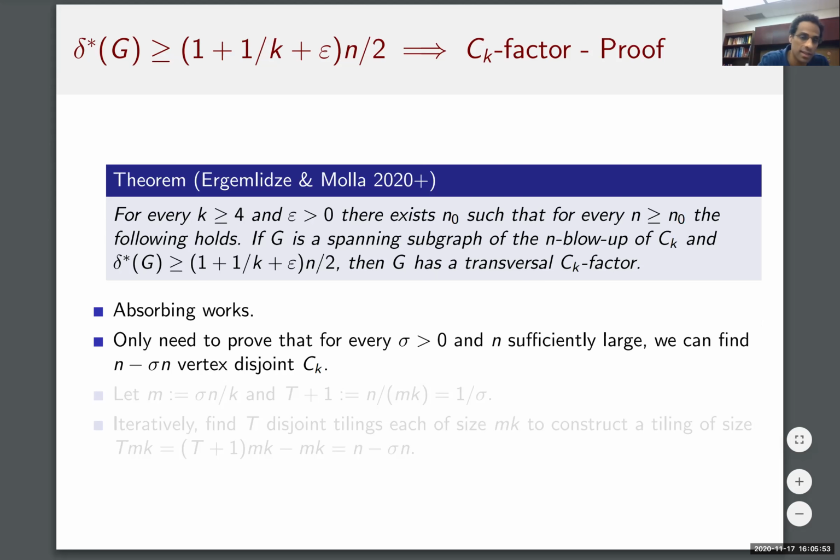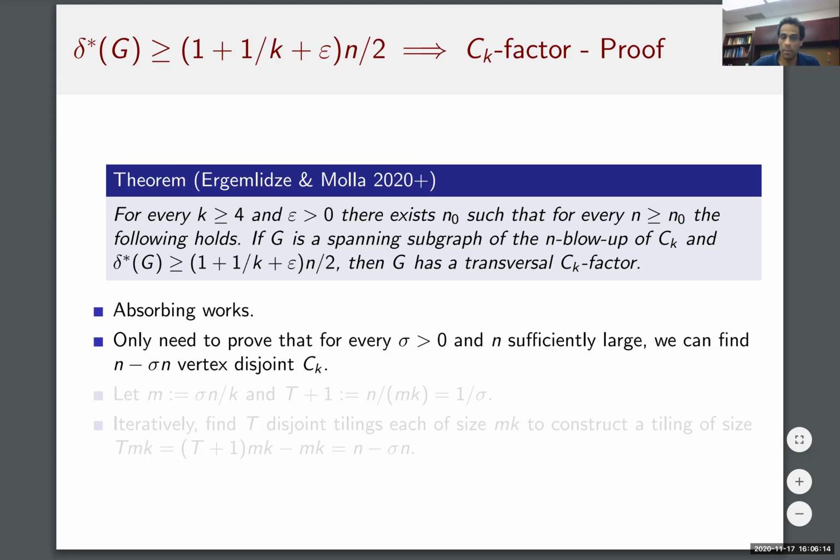You would want to find n of them, but all you really need to find is n minus sigma times n of them. So you're missing sigma times n of them. The rest of them will be absorbed by this method of Rödl, Ruciński, and Szemerédi. So that makes the problem much easier to do.